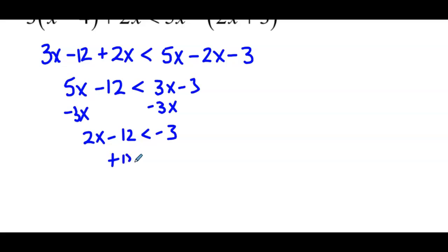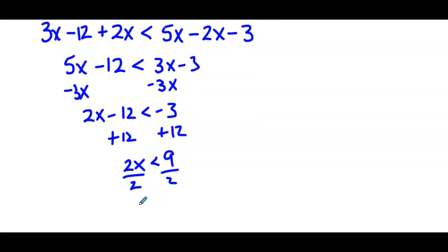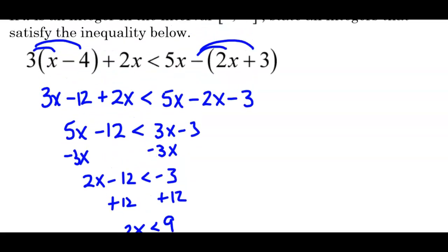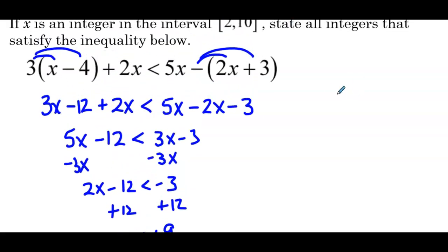We can add 12 to both sides. So we have 2x is less than 9. And then we finally divide both sides by 2. So x is less than 9/2. Now going back up, I'll just rewrite this over here: x is less than 9/2.